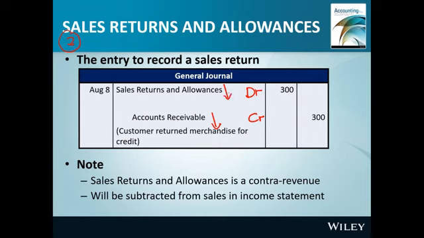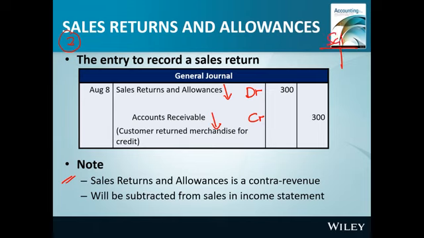We don't use sales, but we create another special account. We call it sales return, or maybe sales return and allowances, as a contra account for revenue. So this is the contra account for revenue. When you derive your calculation later on, you're going to subtract this account from the sales account in the income statement. So this is transaction number two.